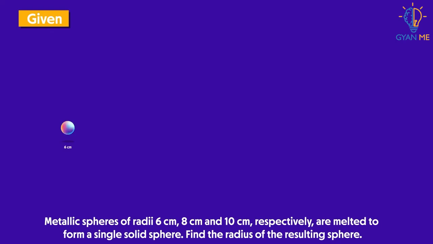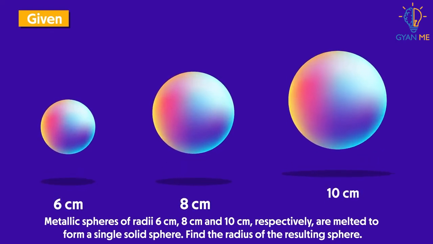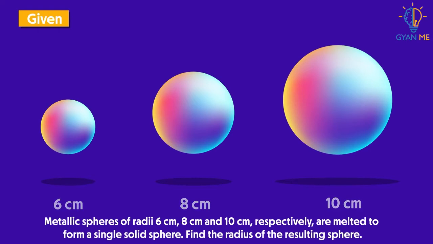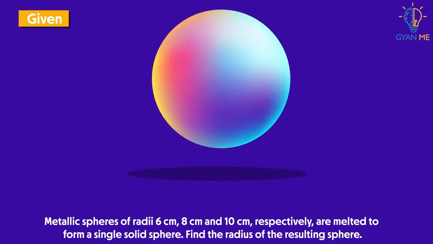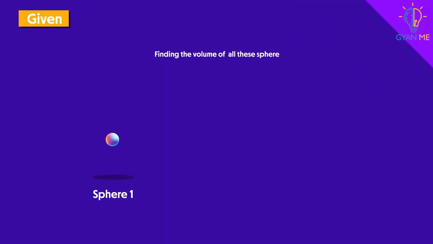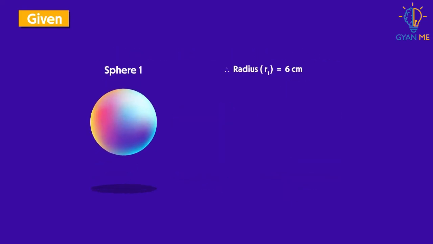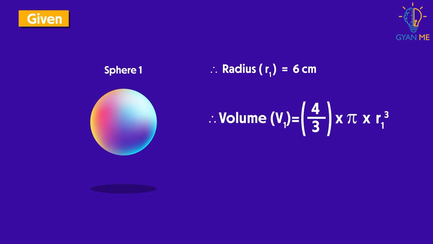Metallic spheres of radii 6 cm, 8 cm and 10 cm respectively are melted to form a single solid sphere. Find the radius of the resulting sphere. Now, first let's find the volume of all the spheres. For sphere 1, radius is equal to 6 cm. Therefore, volume is equal to 4 upon 3 into pi into r1 cube.